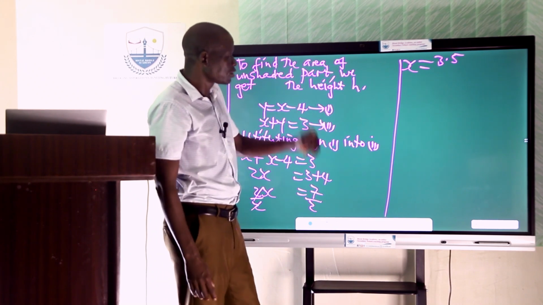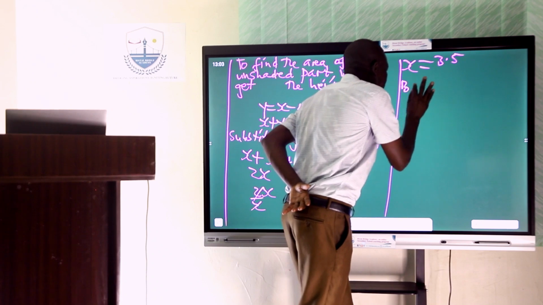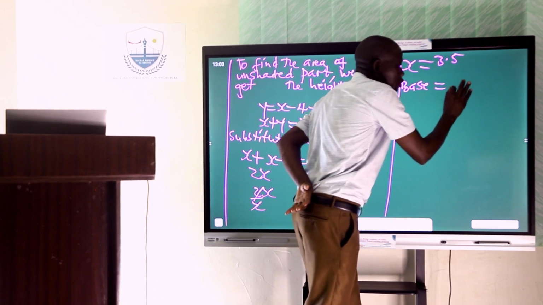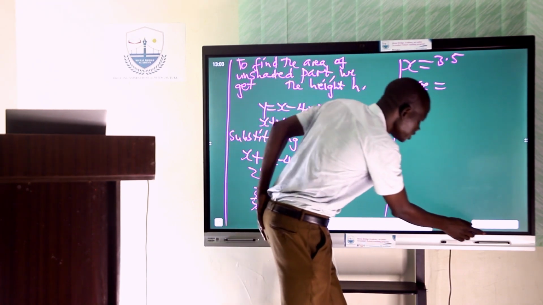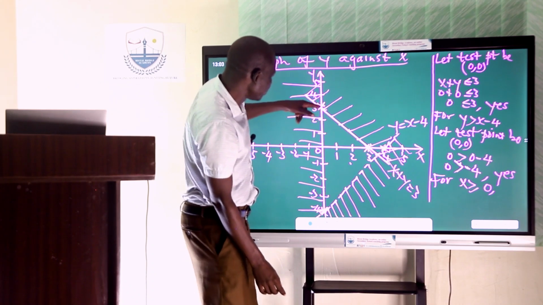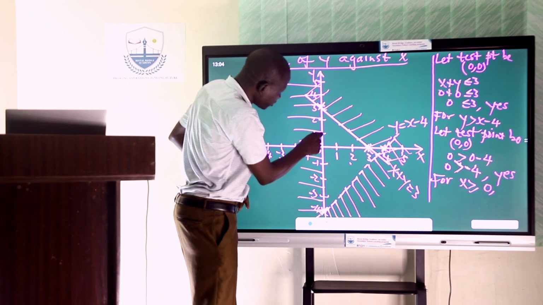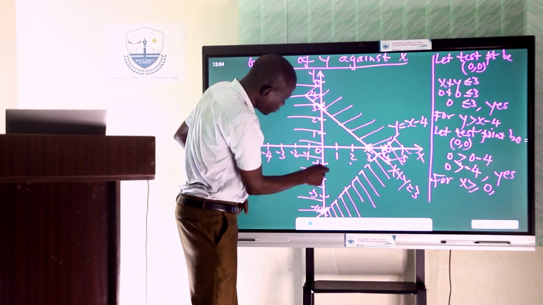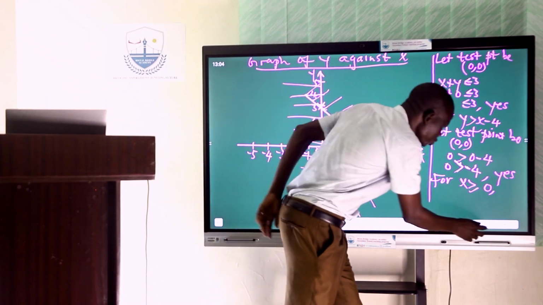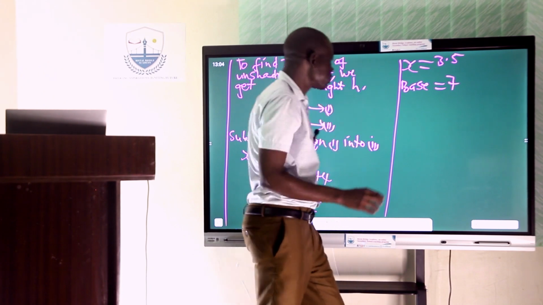So in our triangle, the base is the distance from here up to here. We count 1 unit, 2, 3, 4, 5, 6, 7. There are 7 units, so the base is 7 units.